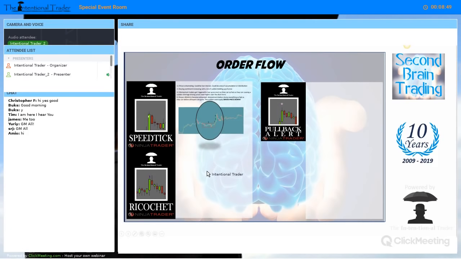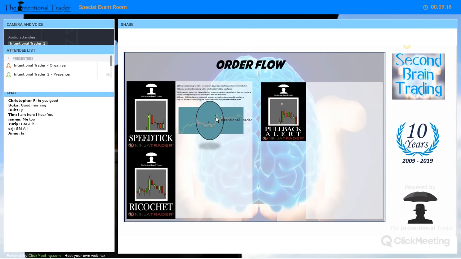So what we're looking for during this hard push up is transactions that are being transacted so fast that it's highly unlikely that us little retail traders are technically able to do it.